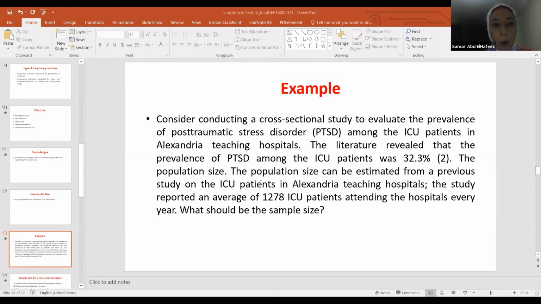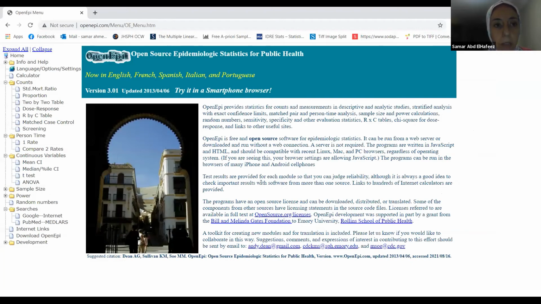Okay. For all of the observational studies, we are using the EpiInfo program to calculate the sample size. And I'm putting the link for the calculator in the presentation. So here, this is the first interface of OpenEpi. I want to calculate the sample size, so I will go to the sample size.